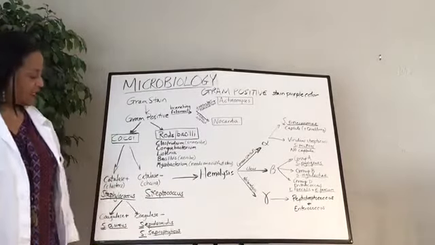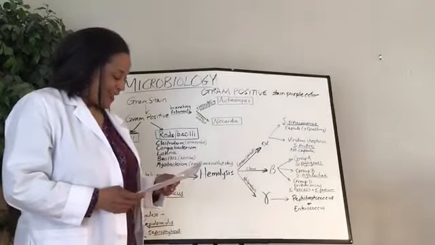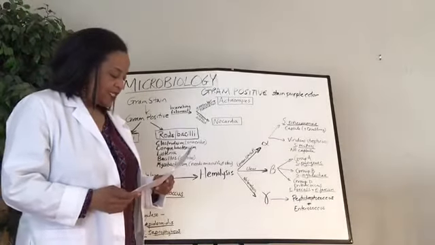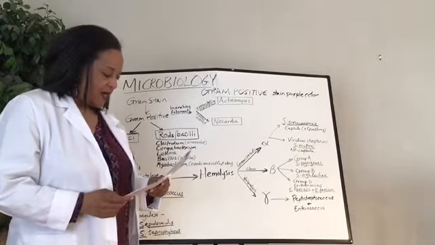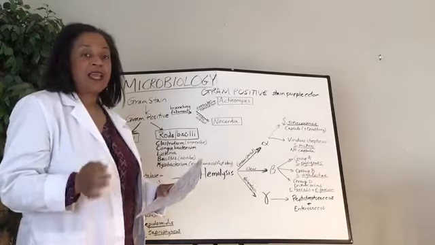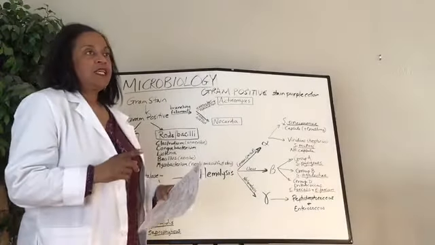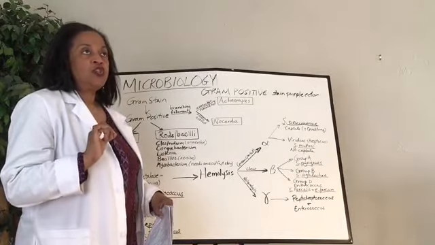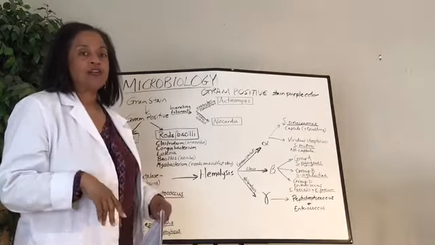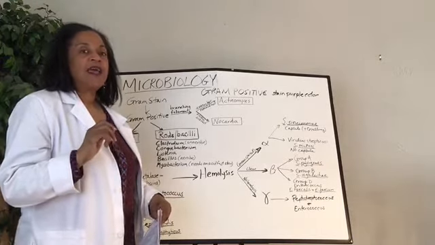Let's look at Staph saprophyticus. Staph saprophyticus is a bacteria that's usually seen in young sexually active women, and it causes a UTI, urinary tract infection. Actually, it is second only to E. coli, which is the number one cause of urinary tract infections in women, I'm talking about.